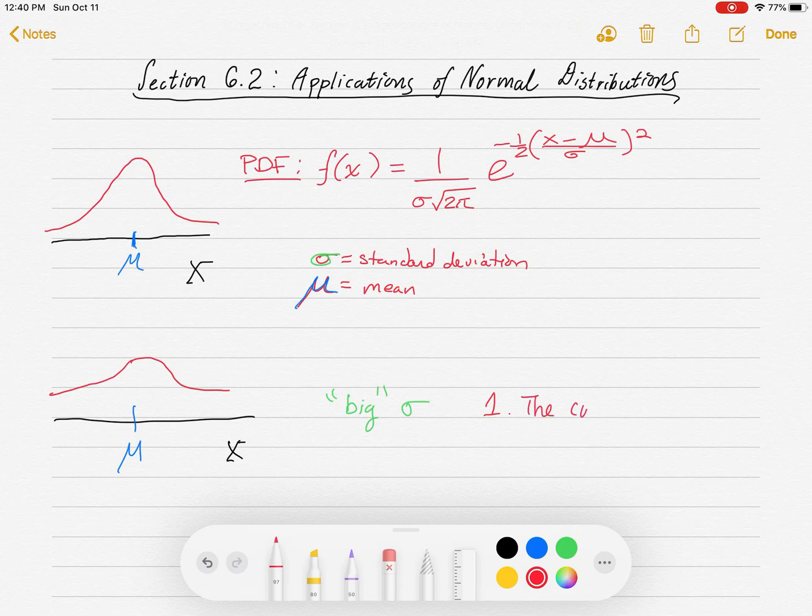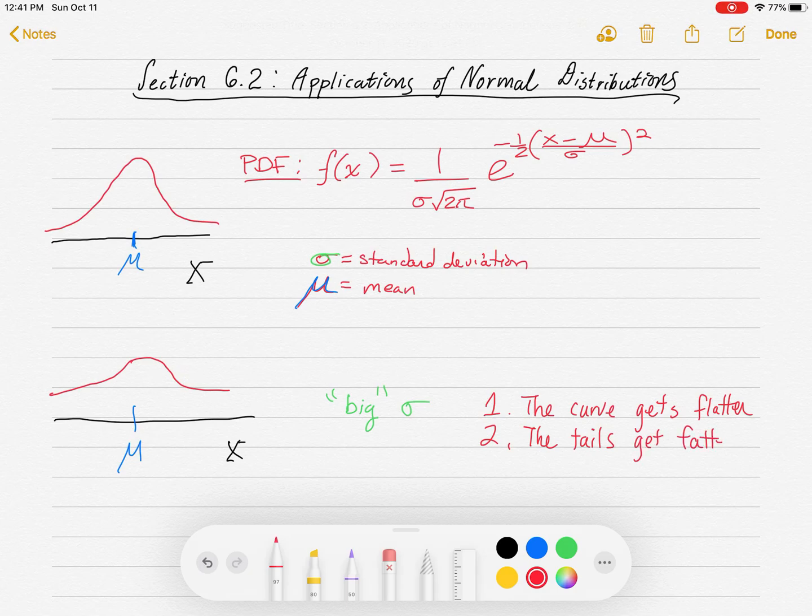So what happens when the sigma is big, when the standard deviation is big? So number one, the curve gets flatter.